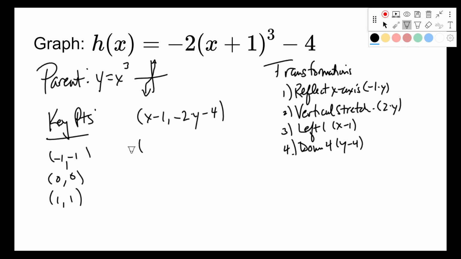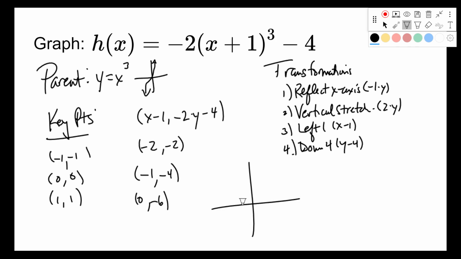Okay, so where do we end up? -1 for x is -2. -1 for y is also -2. 0 for x, -1. 0 for y, -4. 1 for x, 0. 1 for y, -6. Left 2 down 2.